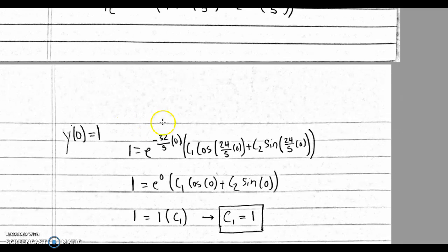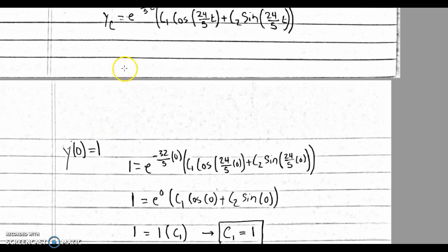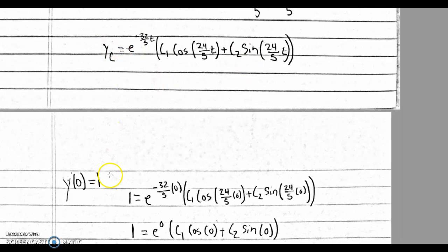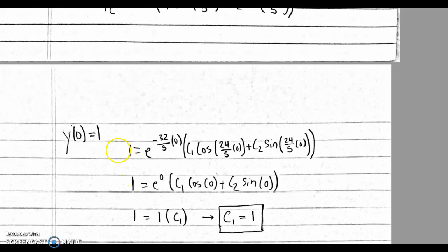So we solve for our c1 using y of 0 is equal to 1 because it was released 1 foot below the equilibrium point. So we set our y sub c equation up here equal to 1. So we have 1 is equal to e to the negative 32/5 times 0 times c1 cosine of 24/5 times 0 plus c2 sine of 24/5 times 0.